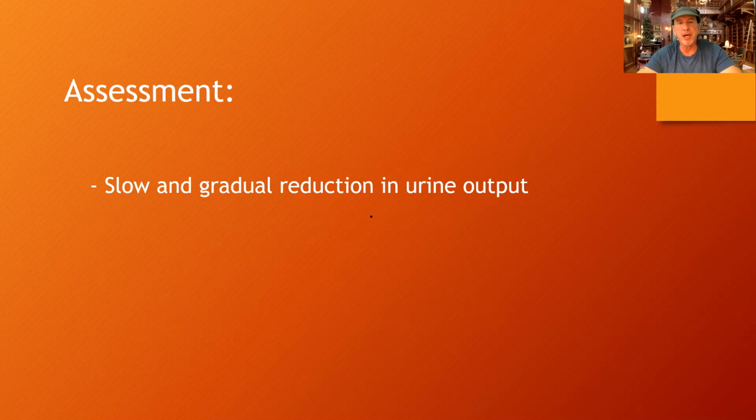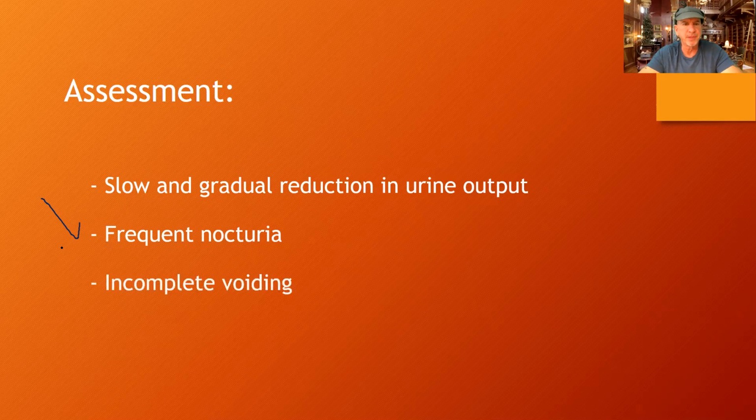So they'll be getting up a lot of times during the night, a lot of nocturia, nocturnal urination. Frequent nocturia. This means you're getting up 4 or 5 times a night to go pee. It's because you're not voiding your bladder completely and it fills up faster. Incomplete voiding, basically what I just said: they're not voiding it completely.